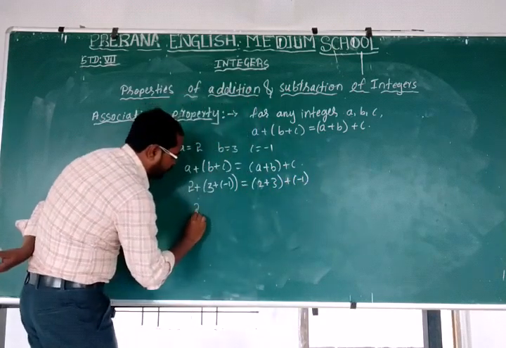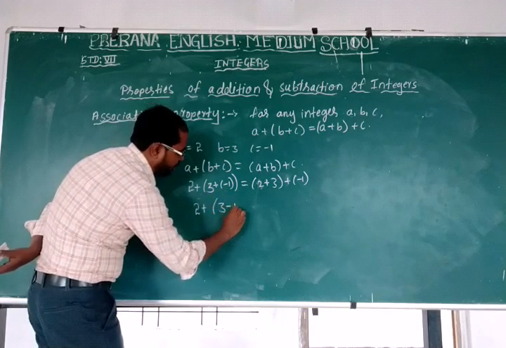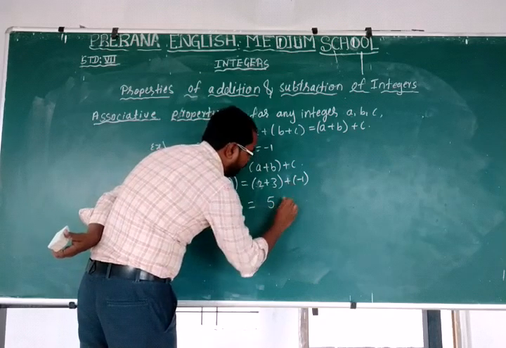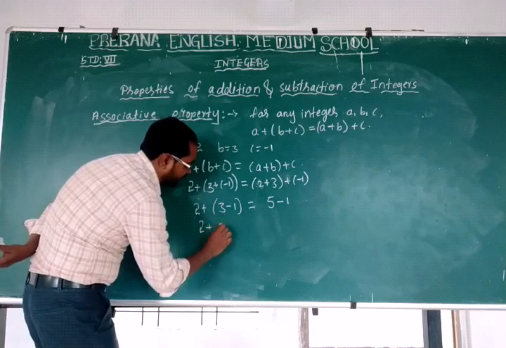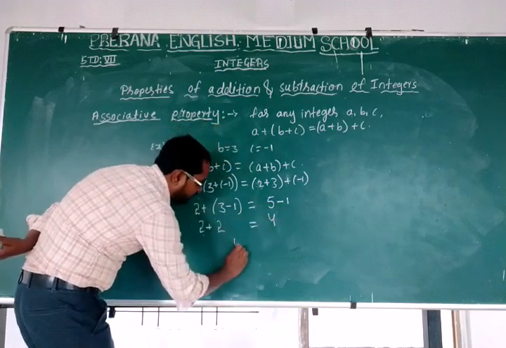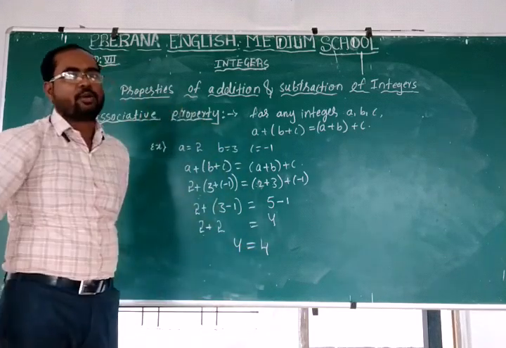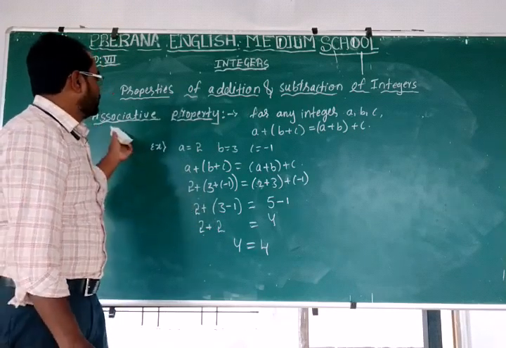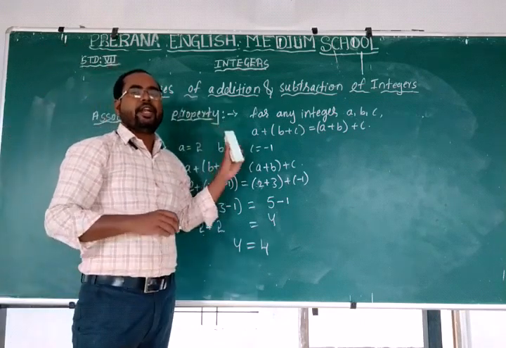Writing it as it is, 2 plus 3 minus 1, which is 2 plus 2, that is 4. On the other side, 2 plus 3 is 5, 5 minus 1 is 4. 4 is equal to 4. So the left hand side of the equation is equal to the right hand side. That means the associative property holds good under addition.